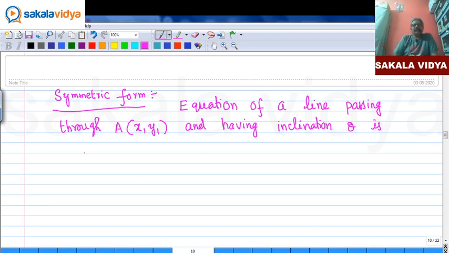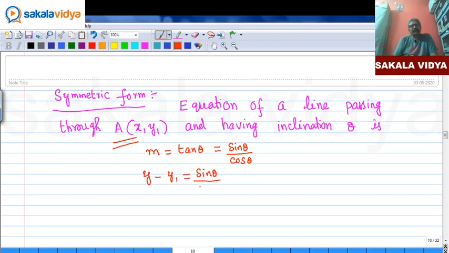So, now here as inclination theta is given, m is equal to tan theta. This can be written as sin theta by cos theta. Now, we know the slope of the line and that it passes through this point. So, we can write y minus y1 is equal to sin theta by cos theta multiplied by x minus x1.